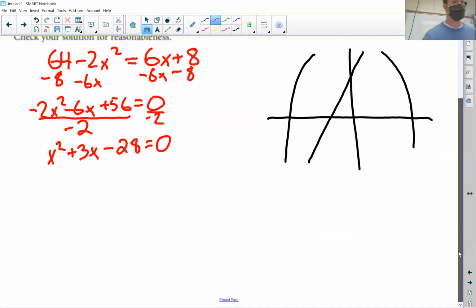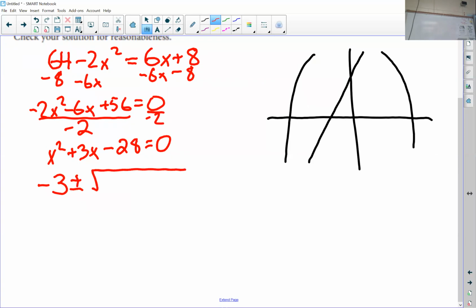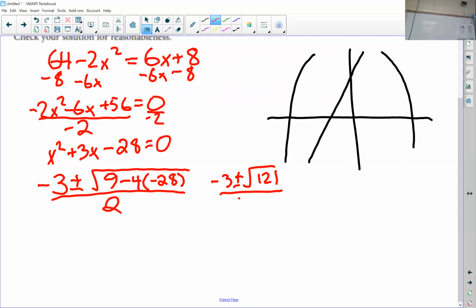Negative b plus or minus the square root of b squared, 3 times 3 is 9, minus 4 times 1 times negative 28, all over 2 times 1. 9 minus 4 times negative 28 is 121. What's the square root of 121?